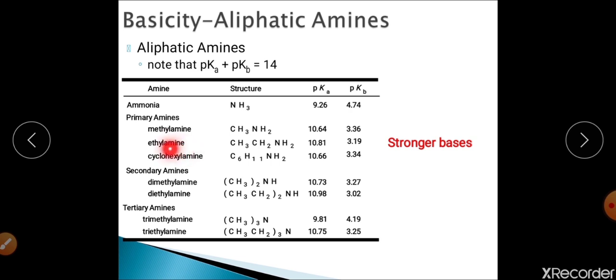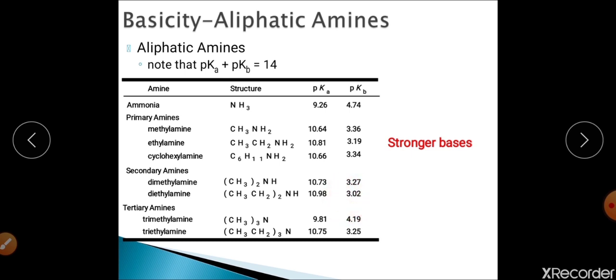In the previous slide you can see that when we are talking about ethylamine, for example, this is your primary ethylamine and it has a pKb value of 3.19, and this is your diethylamine, that is a secondary amine. This has a pKb value of 3.02.